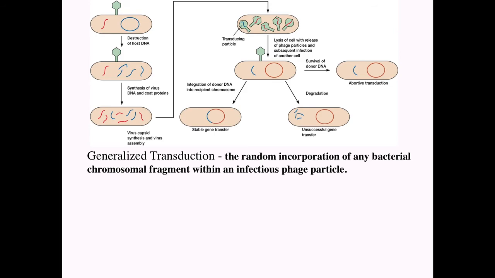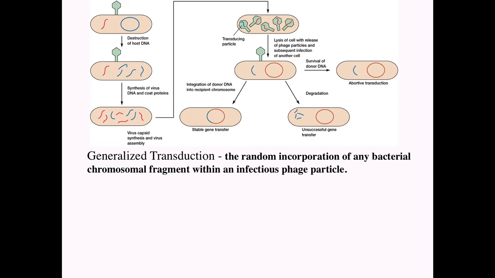When that gets released from this bacterium, it has the ability to still bind to another bacterial cell, if that cell has the appropriate receptor, and to inject its payload, its DNA, into the cytoplasm of that cell. But now that cell isn't truly infected because it's not going to produce new viruses. It's not getting viral DNA. Instead, it's gotten a piece of DNA from the previous host that was killed.